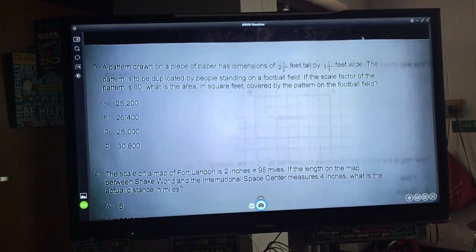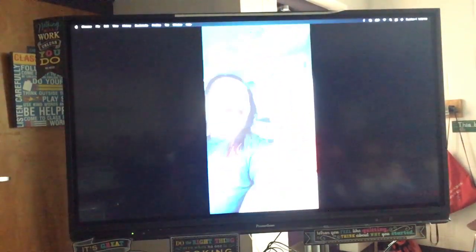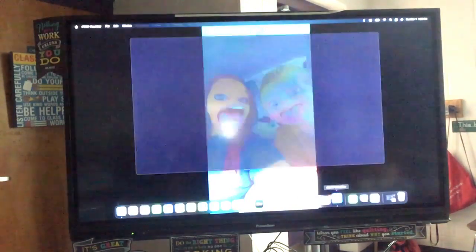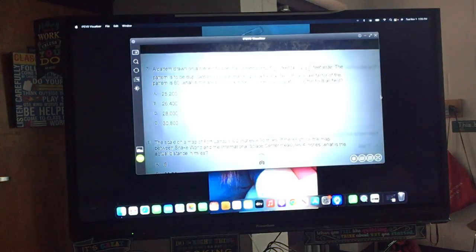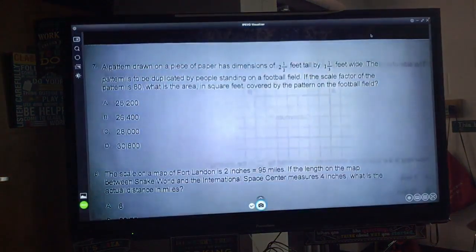If the scale factor of the pattern is 80 feet, what is the area? What is the area in square feet covered by the pattern on the football field?